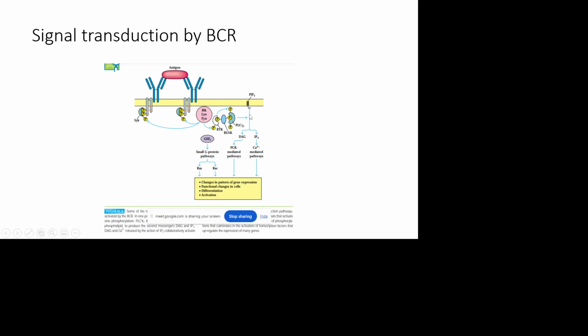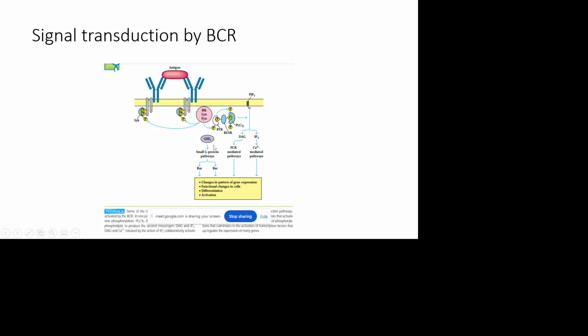Then this PLC gamma 2 will go to the membrane and digest PIP2 into DAG and IP3, right? This IP3 will open the calcium ion channel in the ER, so calcium ions will flux into the cytoplasm from the endoplasmic reticulum, and this DAG will activate protein kinase C, which activates PKC-mediated pathways that help proliferation of the cells.